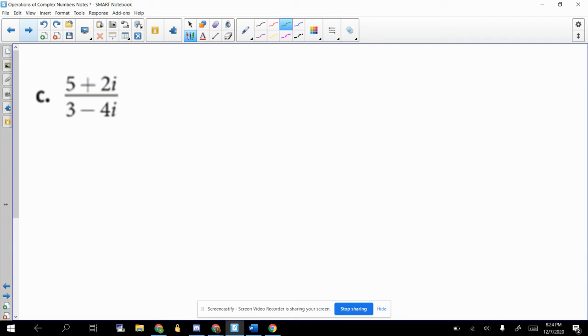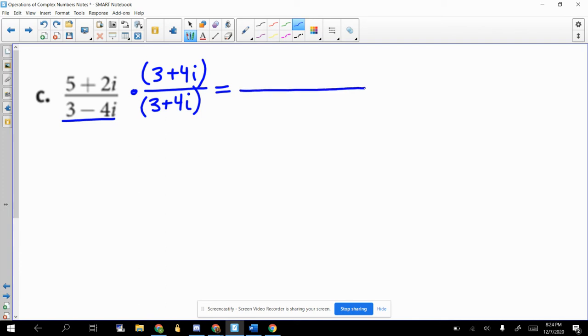And here we have 5 plus 2i over 3 minus 4i. Okay, so remember, first thing you need to do is find the complex conjugate of your denominator. So the conjugate here that we're going to multiply by, if we have 3 minus 4i, the conjugate is 3 plus 4i. We're going to multiply that by the top and the bottom. Okay, so on the top, you're going to have to FOIL this time.